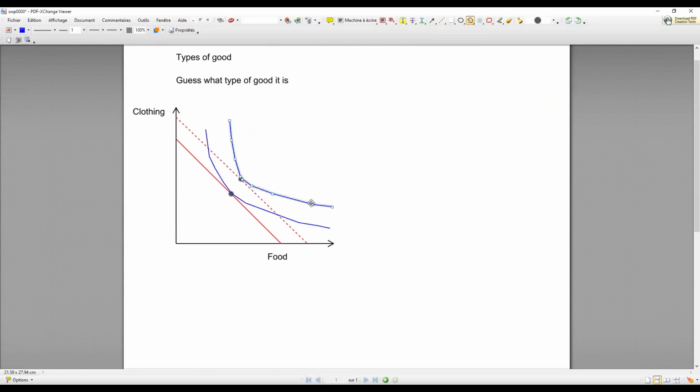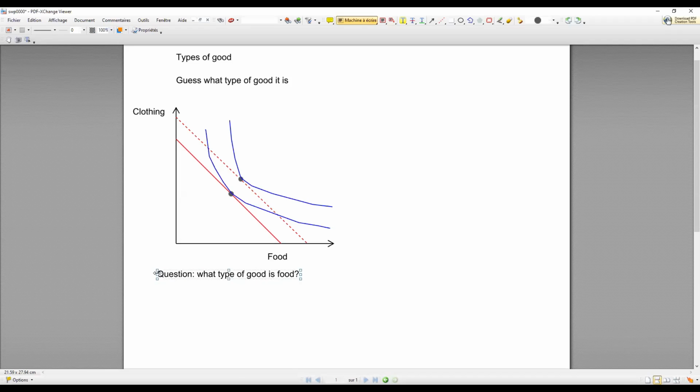All right. So then question. What type of good is food? So is it ordinary, given, normal, inferior good, luxury? What can we know?